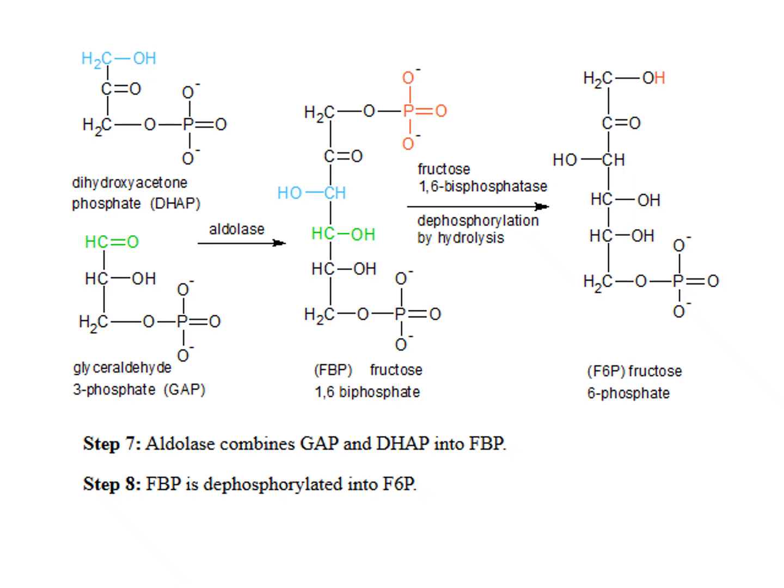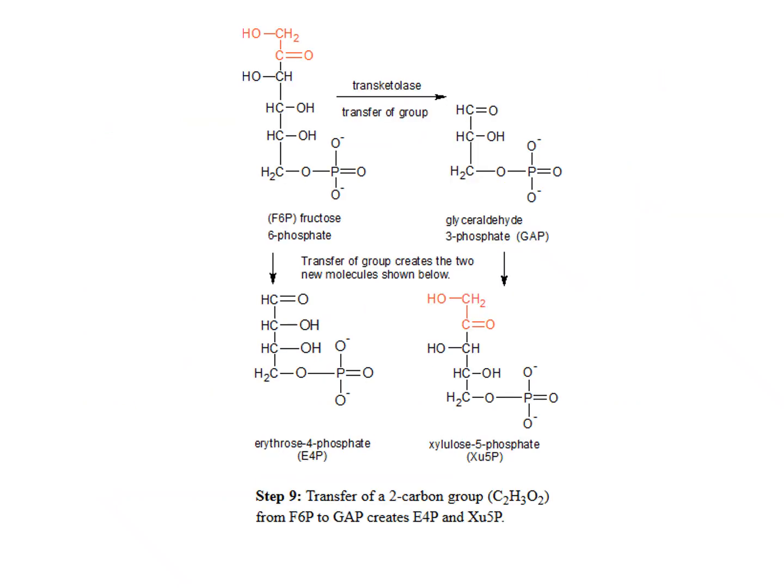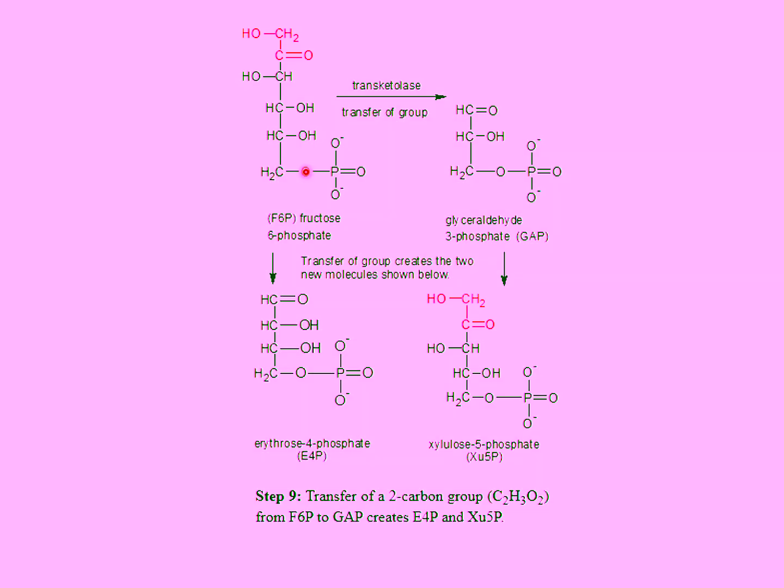Shall we move ahead? In step number 9, you need to understand that we have fructose 6-phosphate from the previous reaction. Now fructose 6-phosphate has 6 carbons. Okay. Now what happens? From the previous 6 glyceraldehyde 3-phosphate molecules, 6 GAPs, 2 we converted into DHAP.